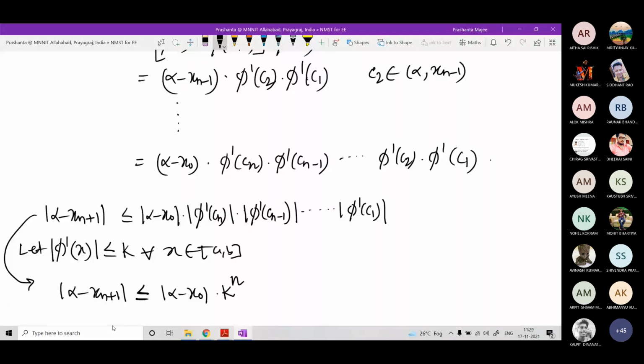So for which values of k will this limit tend to 0? Alpha minus x naught is a fixed value. k is up to you.